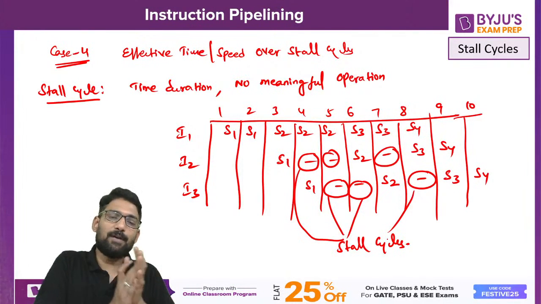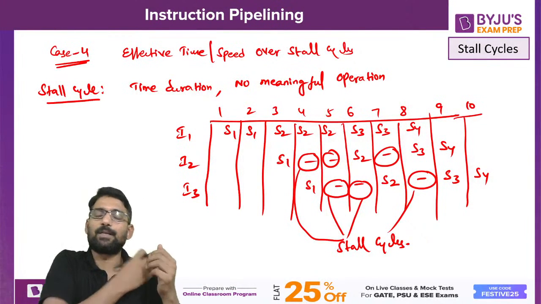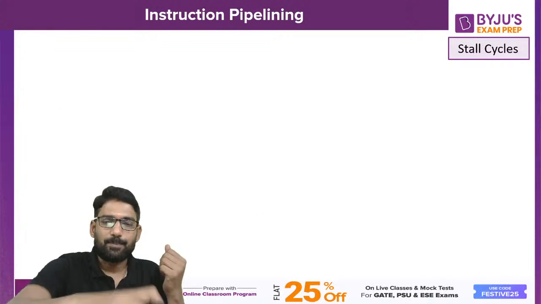So whenever you have stall cycles, how can you calculate the time and the speed up?